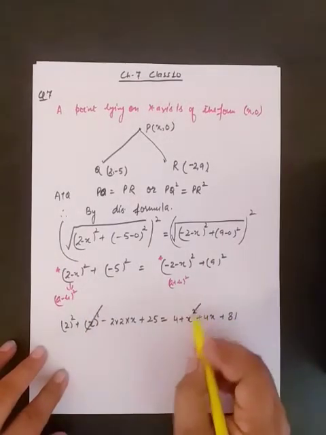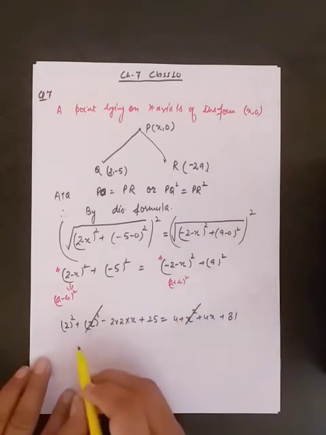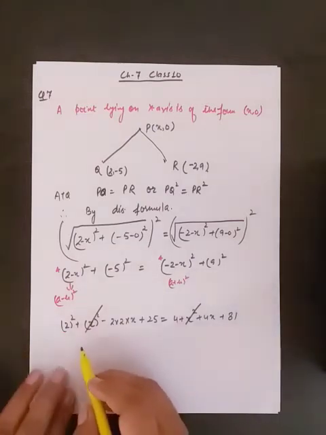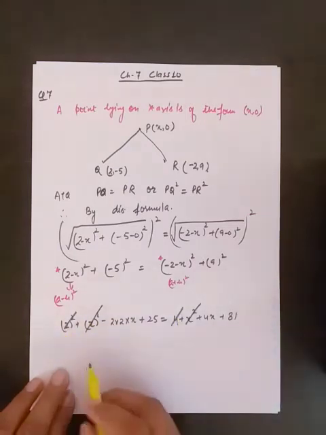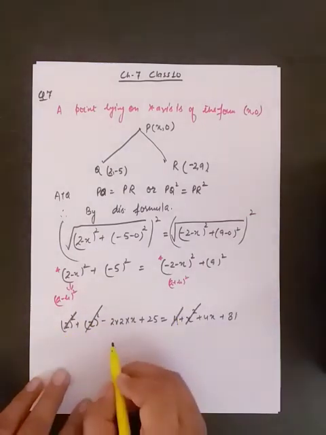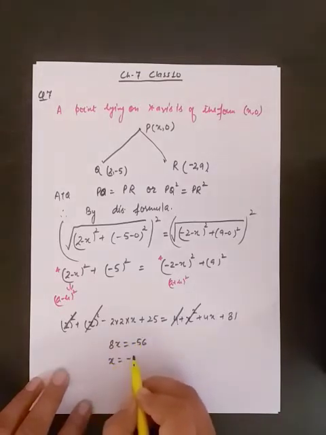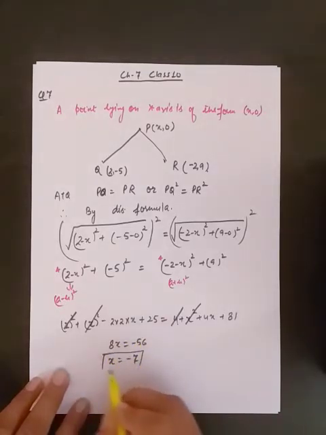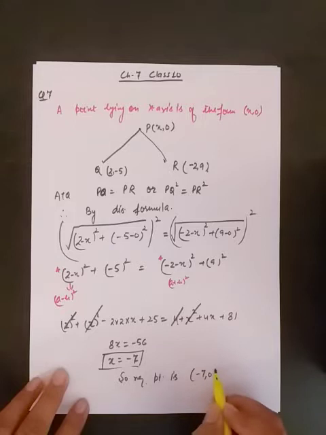Now we can cancel these two terms and it will be 8x is equal to minus 56. We get x is equal to minus 7. So the required point is (-7, 0).